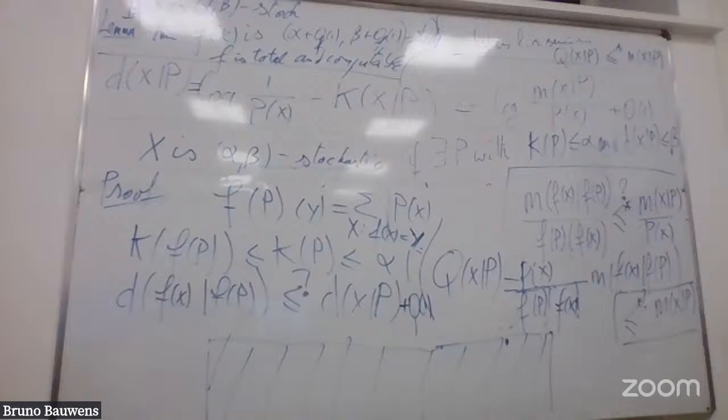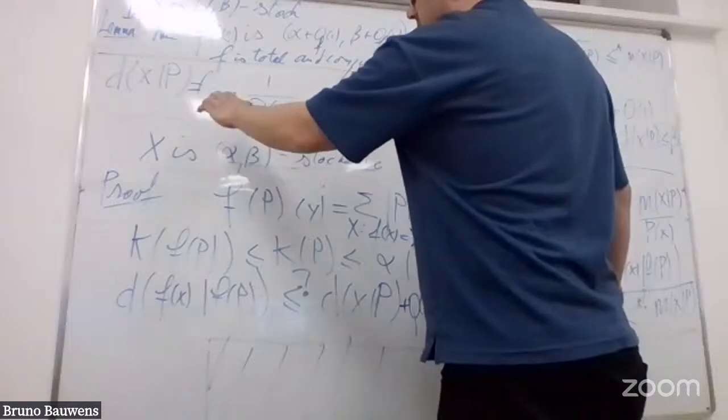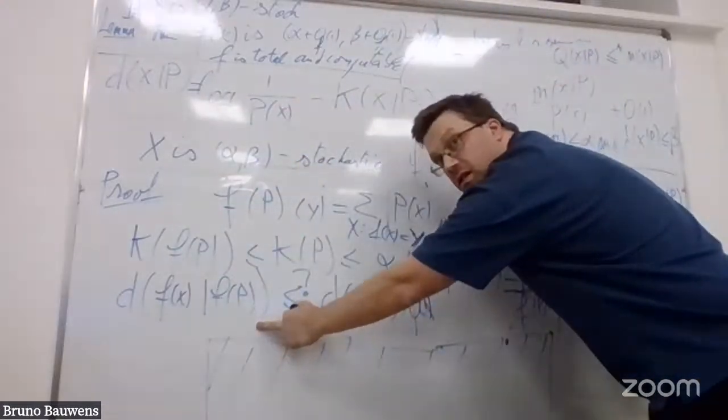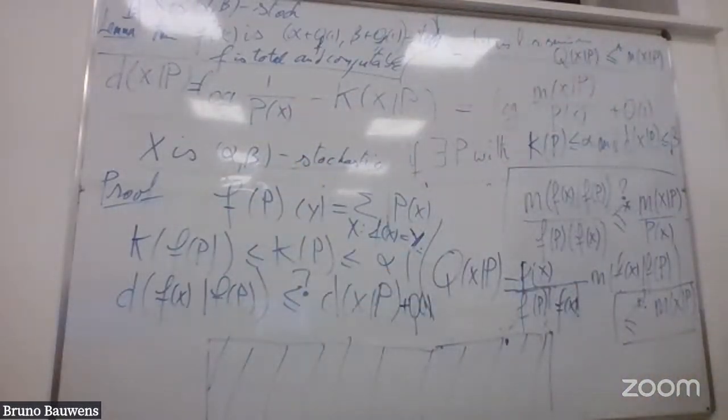And how do we check that it's Lower semi-computable? No, it's clear how we transition from this inequality to the left one. From this one to here. Yeah. Okay.